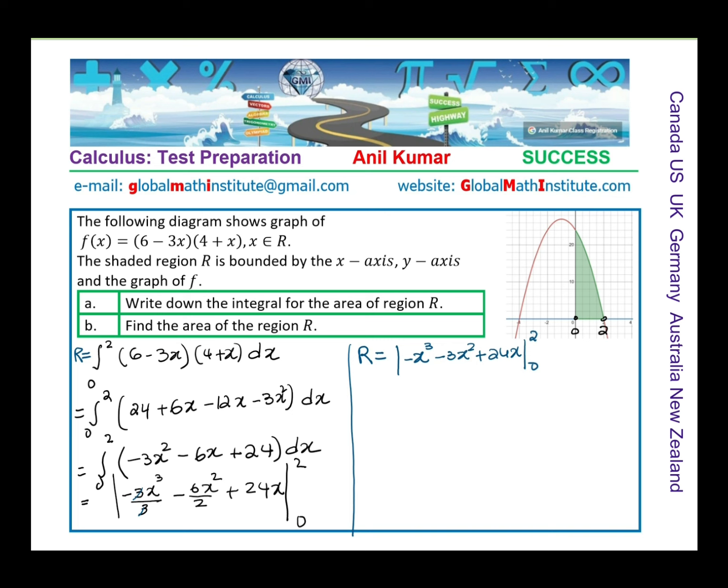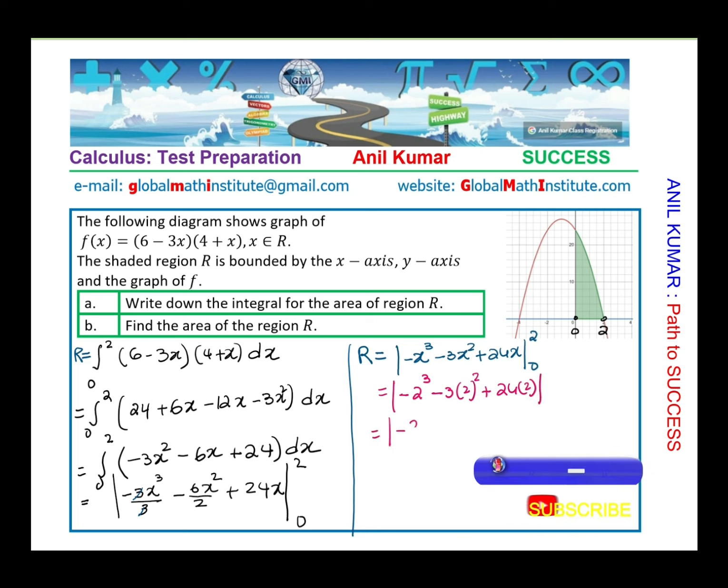So what we're looking at is to substitute 2 here. So minus 2 cubed minus 3 times 2 squared plus 24 times 2, in absolute value. So we got minus 8, here we have minus 4 times 3, which is 12, plus 48.